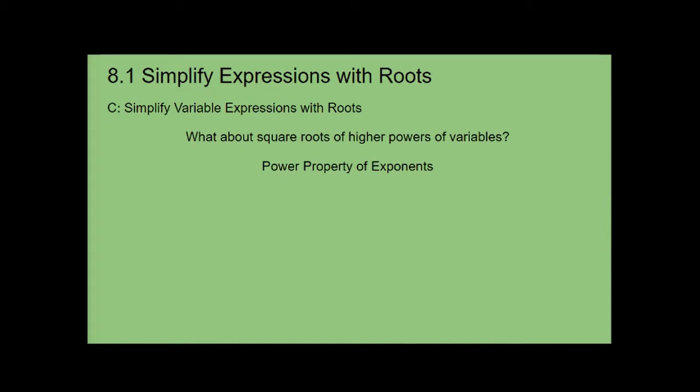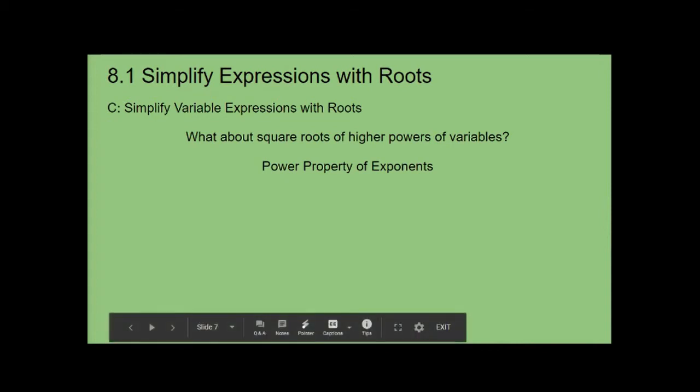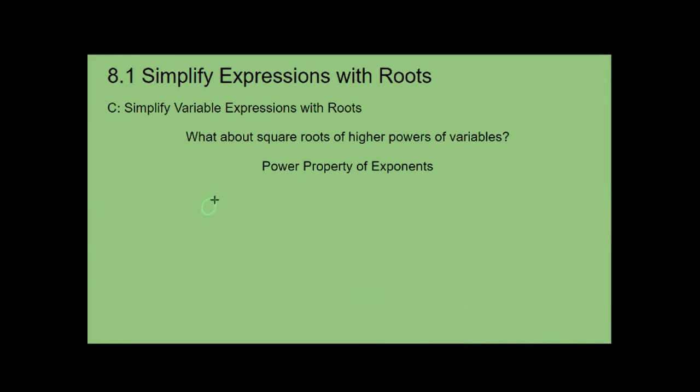What the power property of exponents says is that a to the m times n is equal to a to the m, all to the n power. So we can divide up exponents in order to get a desired exponent here.